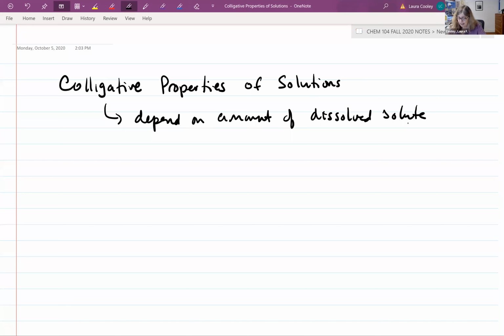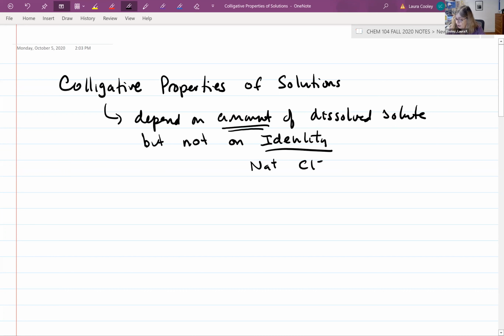They depend on the amount, but not particularly on the identity. So the particles could be sodium ions or chloride ions or glucose or urea or ammonia or methanol. It doesn't matter what they are. What's really important is how many particles you have dissolved.